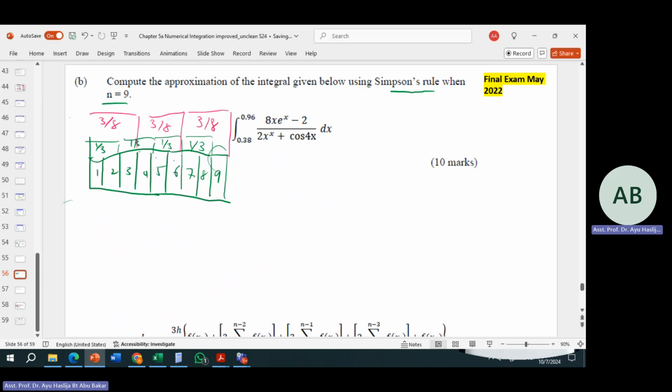So 3/8 is valid to be used for this equation. Now for this question, n equals to 9. It depends. Sometimes the question mentions it, sometimes it doesn't. So you need to understand.